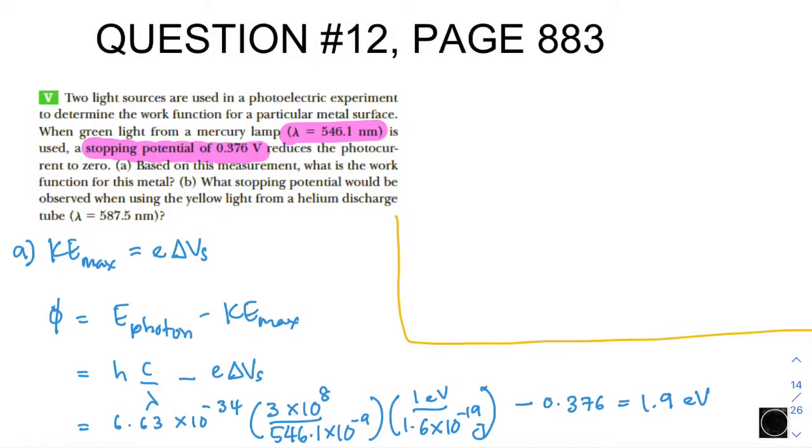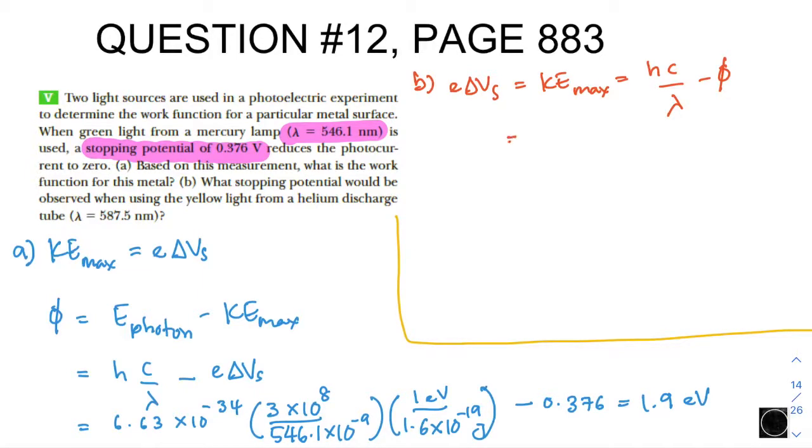For part B, what stopping potential would be observed when using the yellow light from a helium discharge where the lambda is 587.5 nanometer? If the light of lambda 587.5 nanometer is incident on this metal, the maximum kinetic energy of the ejected electron, e delta Vs, which is the Ke max, is equivalent to hc over lambda minus the work function.